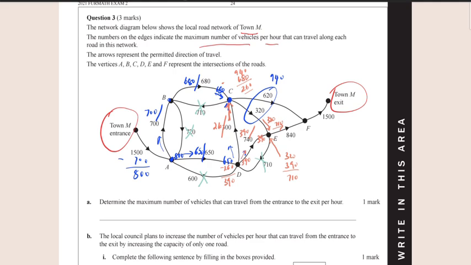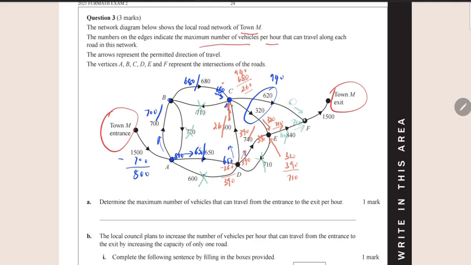Is that possible? Yes, because its capacity is 840. So 710 vehicles reach this intersection at F. But we see that at F, the inflow is along two edges.